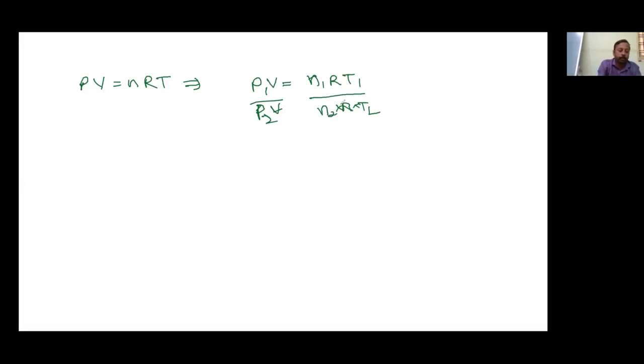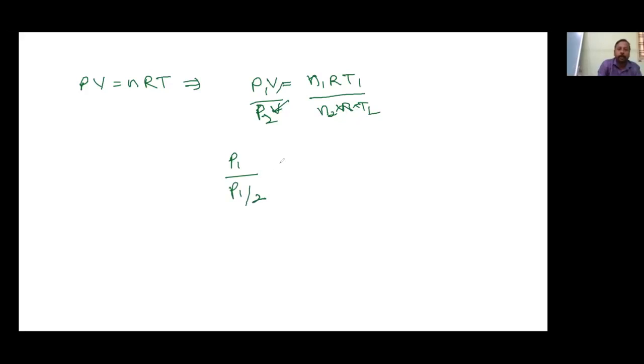Now we will find out N2, then N2 minus N1 will give you the moles, then we will convert into mass. Here I will directly substitute P1V, and V will get cancelled. P1 divided by P2 will be P1 by 2.